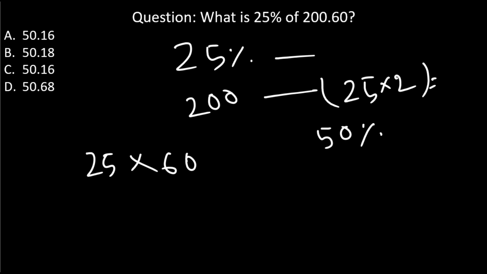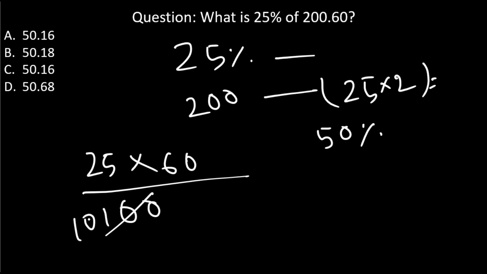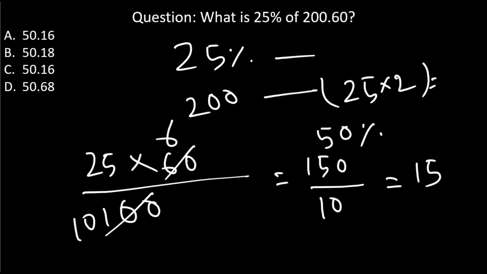Percentage means within 100. So 10 goes into 100 ten times, and 10 goes into 60 six times. So we get 50 times 6 equals 150 over 10, and 10 goes into 150 fifteen times, so we get 15.